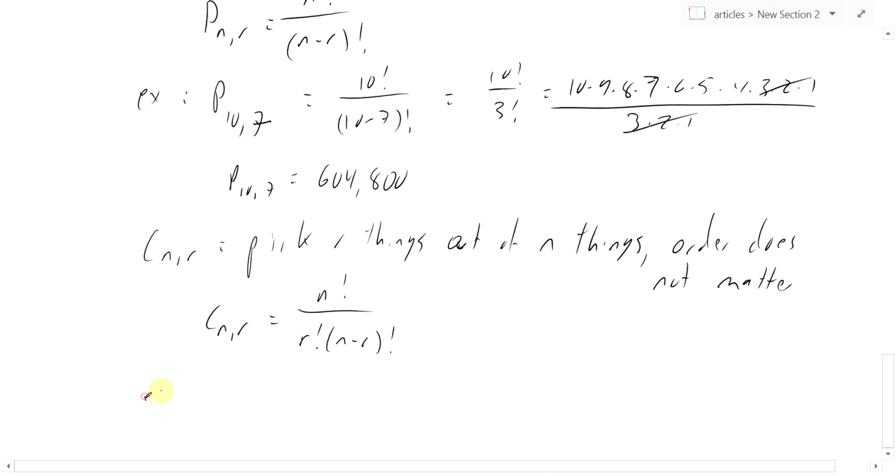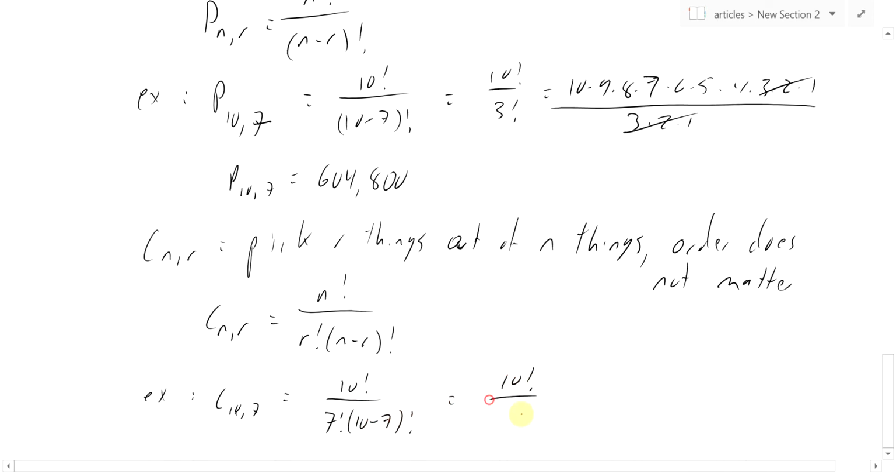And so, for example, C(10,7), taking 7 M&Ms out of 10: 10 factorial over 7 factorial times (10 minus 7) factorial.